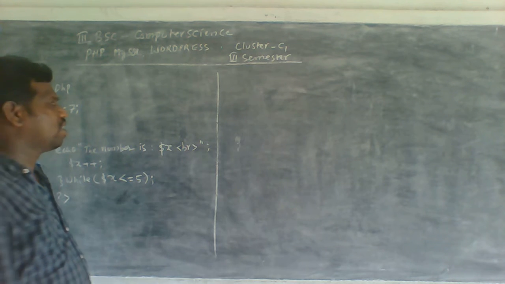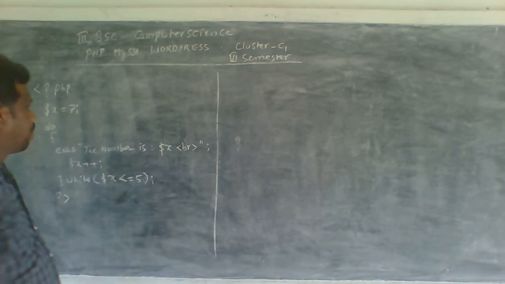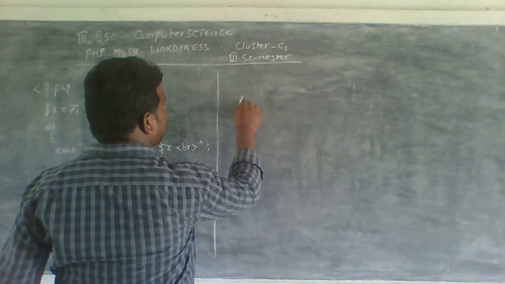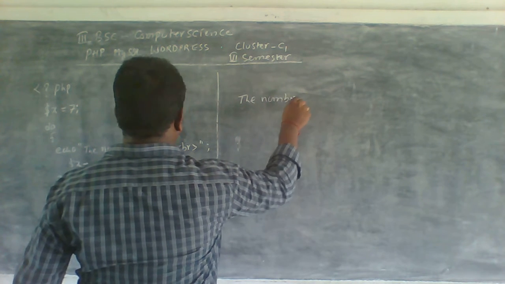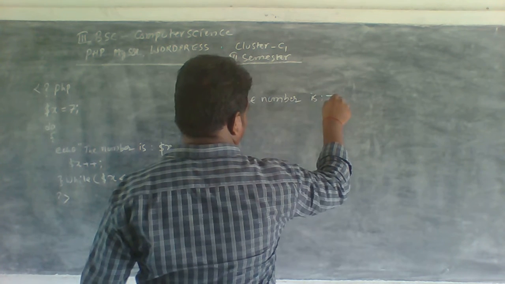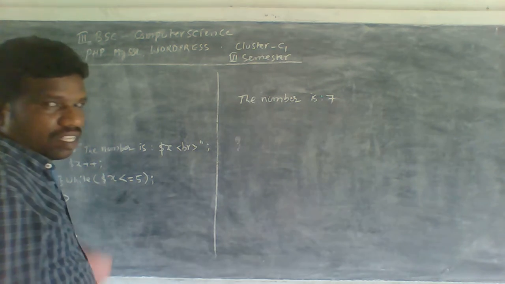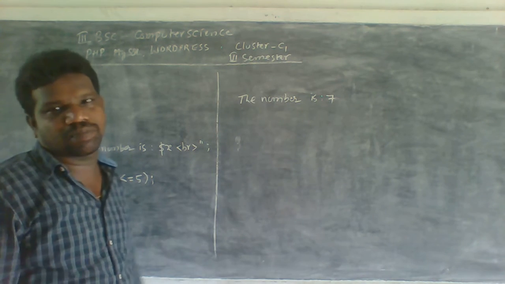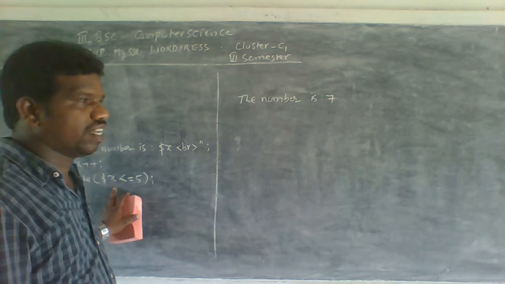Then the loop will be executed like this. So first it goes into here, and it can print the number is 7 here. And the x plus plus, that means 7 plus plus means 8. 8 is available here, and we can check the condition here.